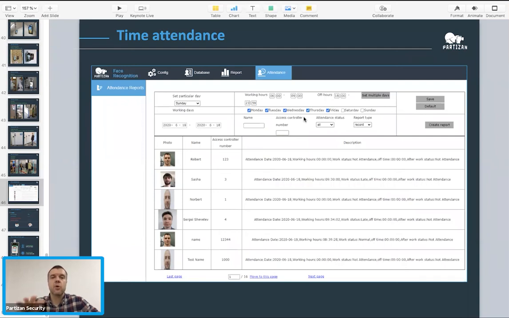So it means it works not like statements, it works on request. You make the request and you receive the answer. For example, if you send the request, who was at work or who came within this time and these days, you will have the results like that. So it is a bit of a different angle of view for these devices, so you have to keep that in mind, of course.